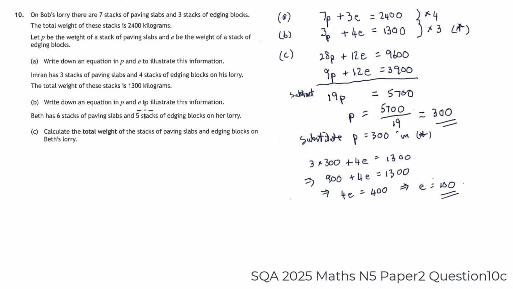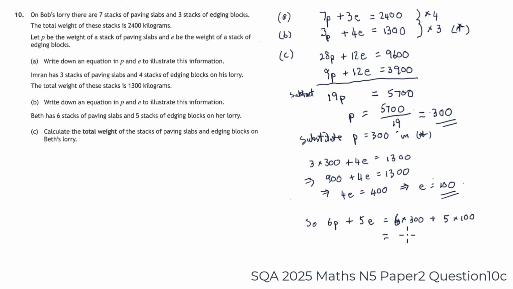We're asked to calculate the total weight on Beth's lorry: 6 stacks of paving slabs, 5 stacks of edging blocks. That now we know is going to be 6 times 300 plus 5 times 100.